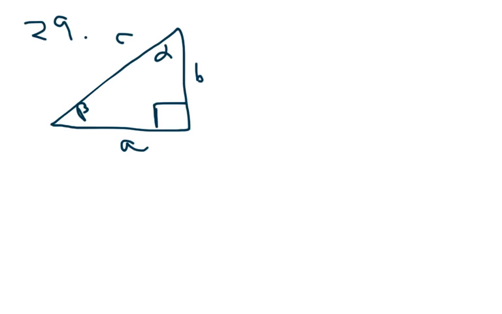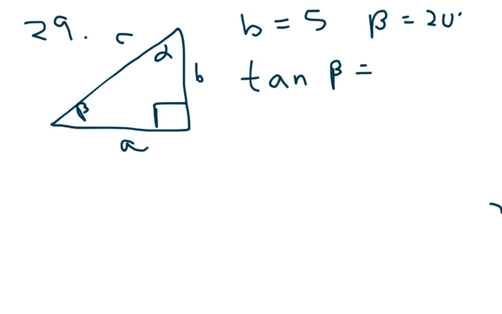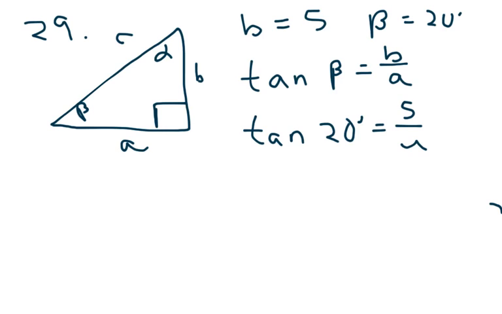So the way we're going to do it, you can do it in different ways, but since we know that B equals 5 and beta equals 20 degrees, I'm going to use tan of beta equals B over A. So tan of 20, you need a calculator for this, equals 5 over A. I'm going to cross multiply, so we have A equals 5 over tan of 20.